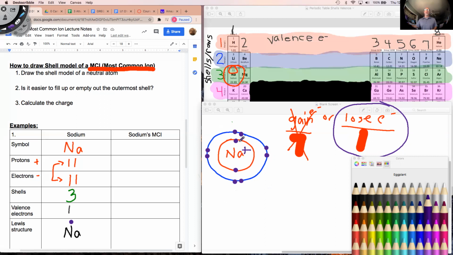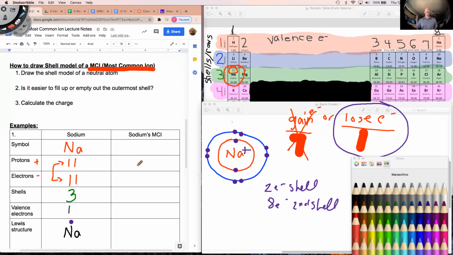So you can see there's 2 electrons on the first shell and 8 electrons on the second shell. The key is these 8 electrons are going to make the sodium ion very stable. Okay, so let's take a look. What would be the number of protons that sodium ion has?